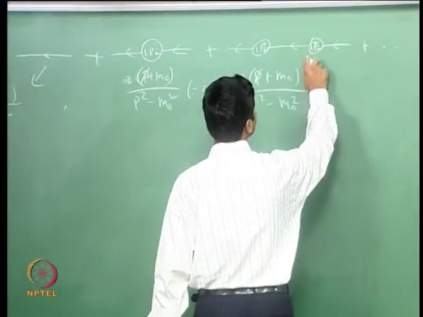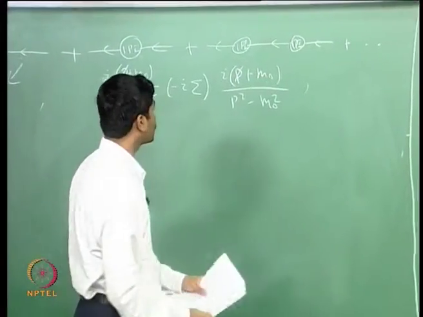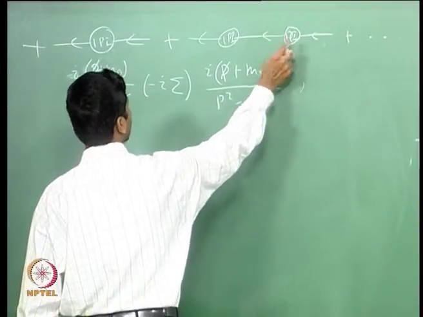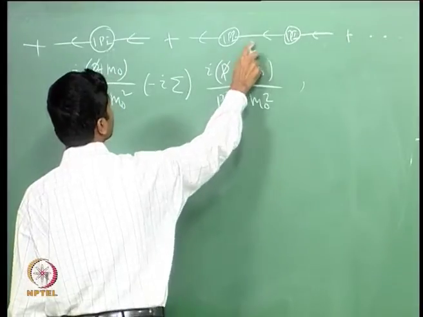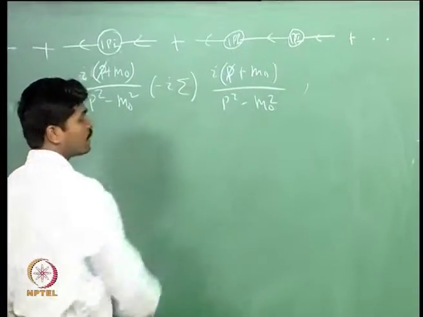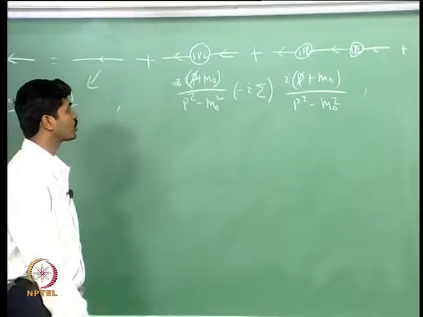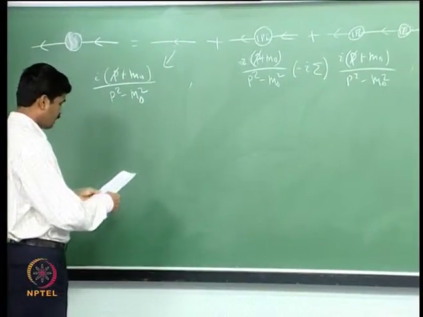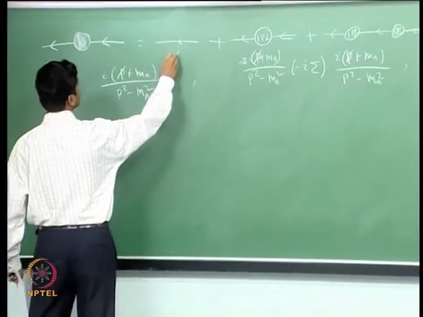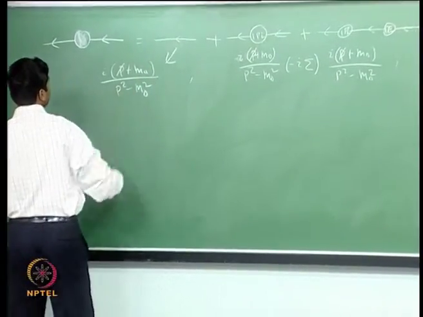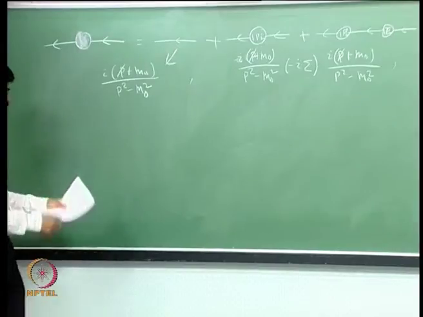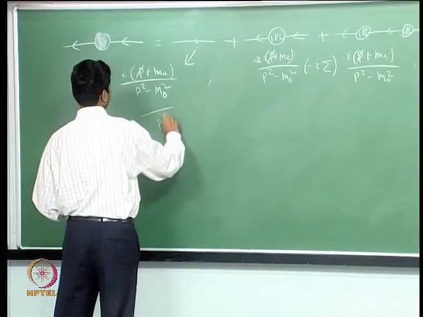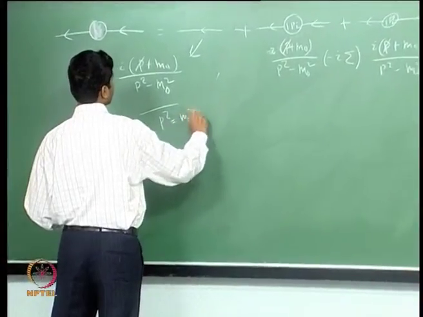Similarly, you can write down the contribution from this term, which will involve one fermion propagator here, then minus i sigma for this, another fermion propagator, minus i sigma, another fermion propagator, and so on. So, you can write it like this. You can see that the tree level term has a single pole at p square equal to m0 square.